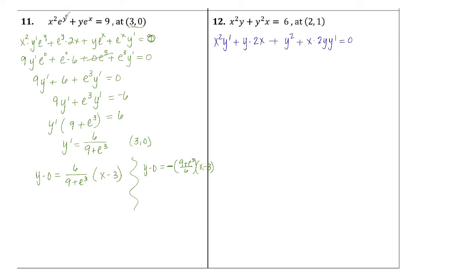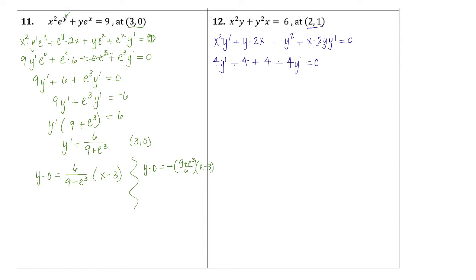And once again, do our substitution. So we're going to have 4y prime plus, and we're going to have 4 here, plus another 4, this is weirdness, plus x is 2 times 1, so another 4y prime equals 0.